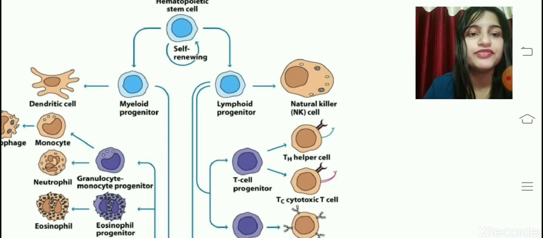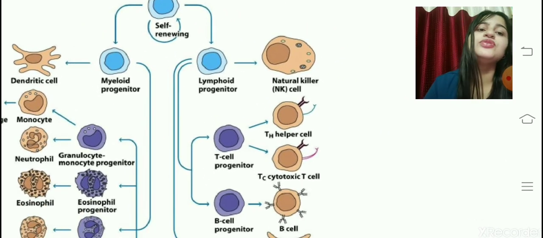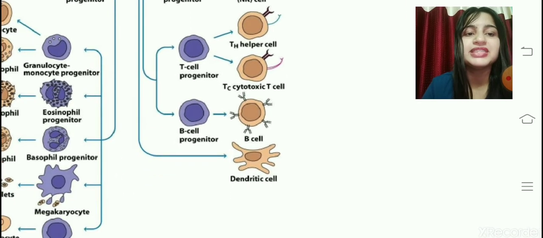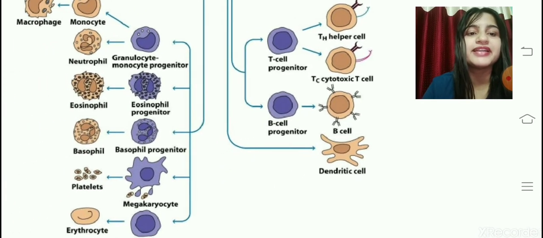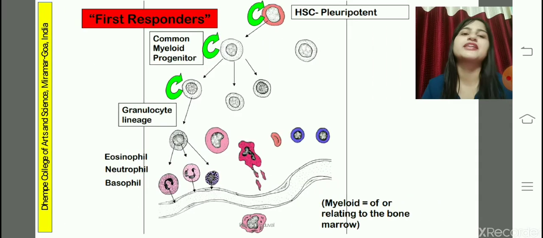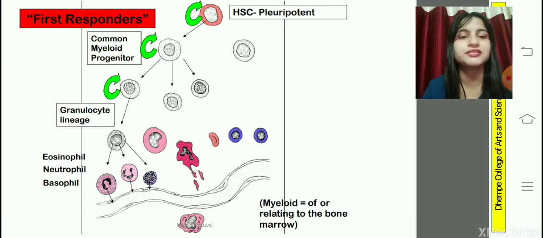Whereas the lymphoid progenitor cells give rise to natural killer cells, T helper cells and B cells, as well as the dendritic cells. So all of these we'll study in detail. This is another diagrammatic explanation of how the hematopoietic stem cells give rise to the different myeloid progenitor cells.